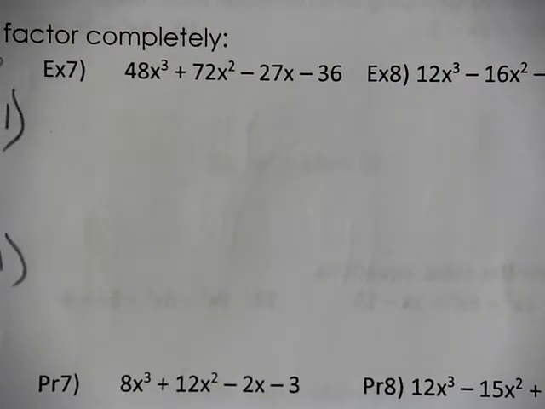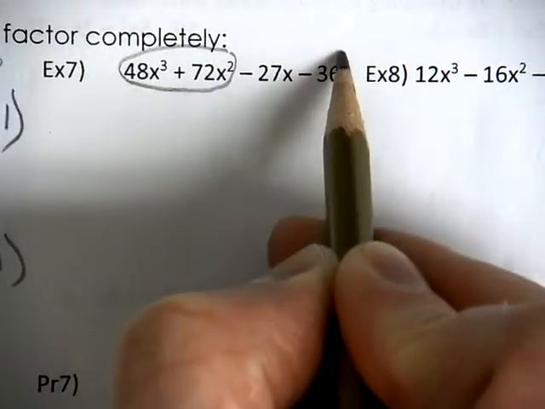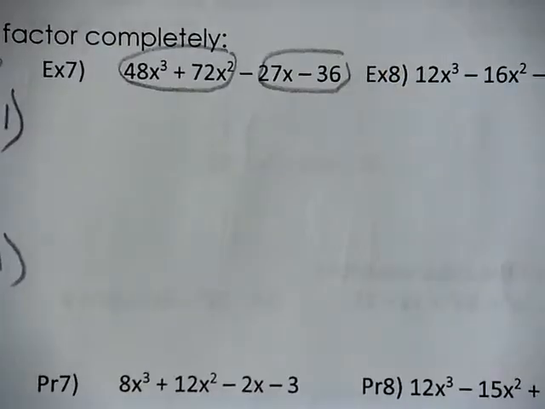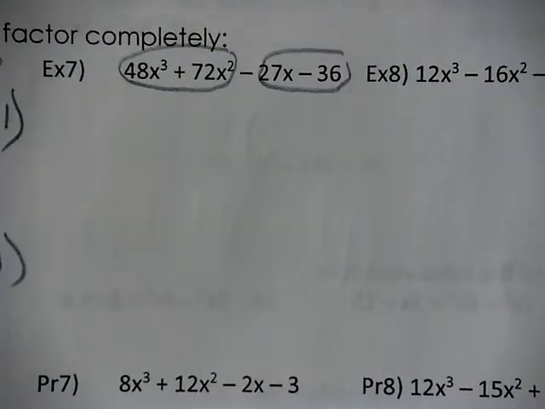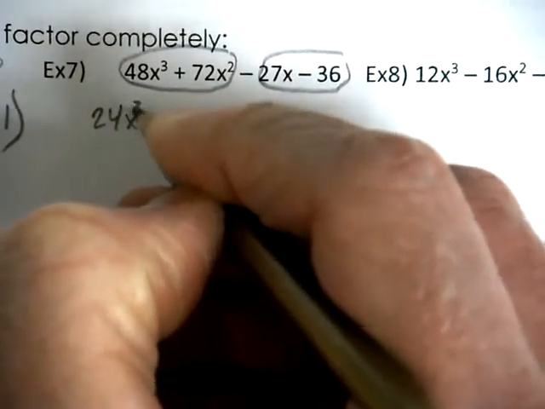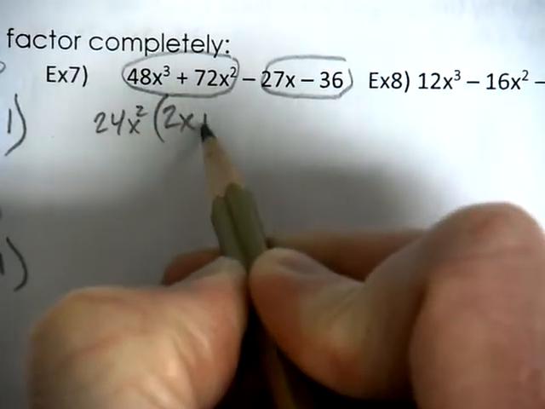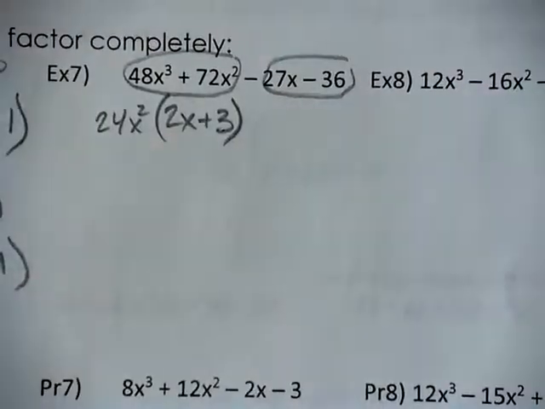All right, this next one's kind of weird. The numbers are so big, a little intimidating. But I believe 24 goes into both of these numbers. So 24x squared. And that would leave me 2x. And that would leave me a positive 3.